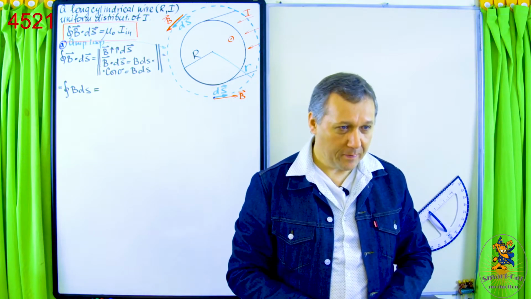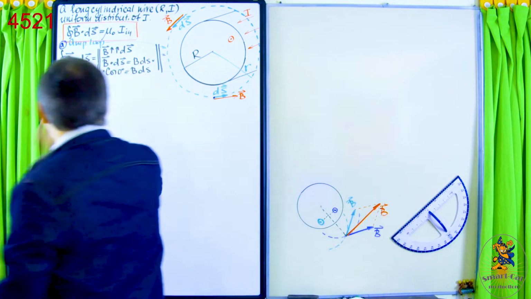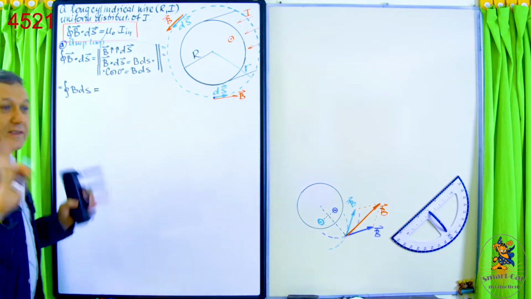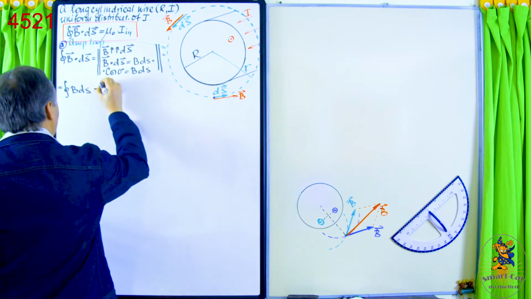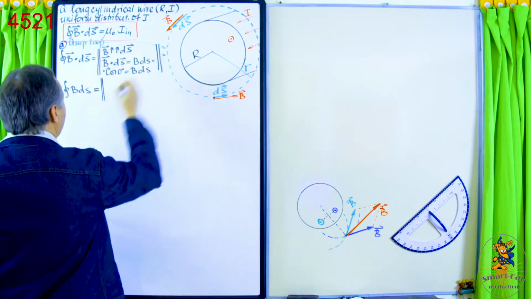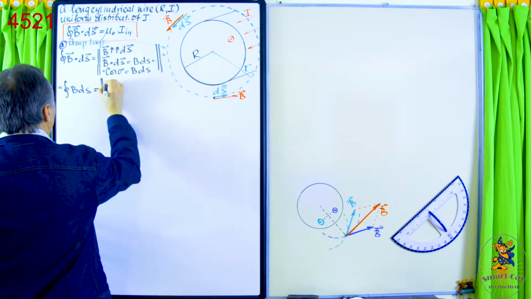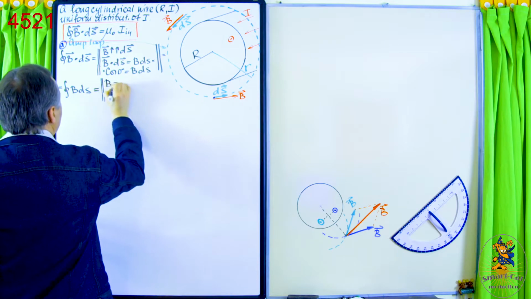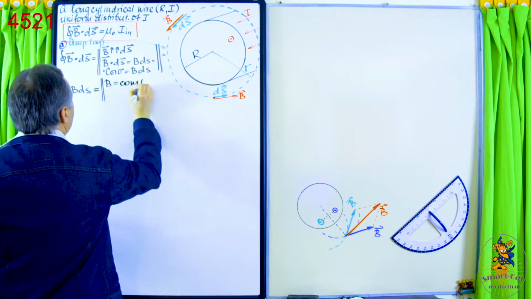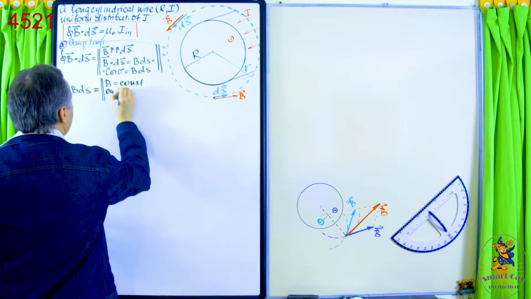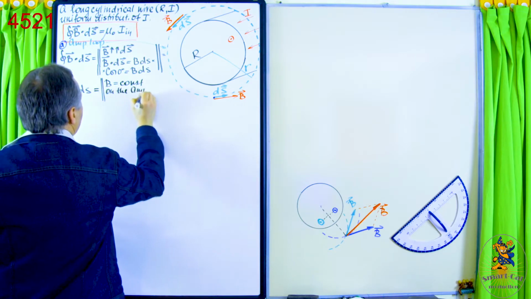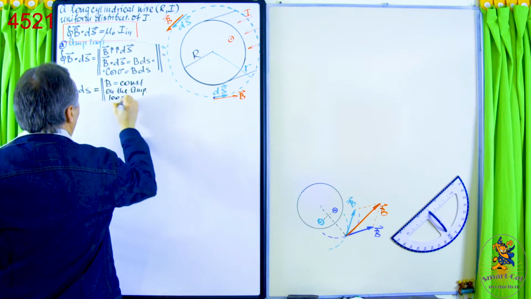See the difference? Okay, so now, since the magnetic field is constant on the amperian loop, I can write: B is constant, and I emphasize, on the amperian loop only.